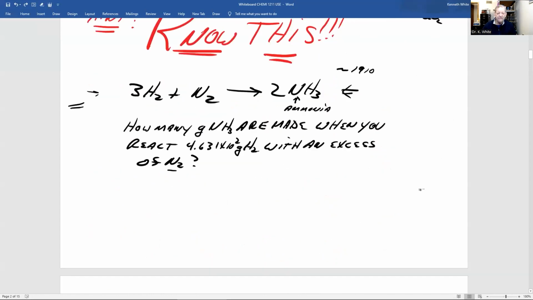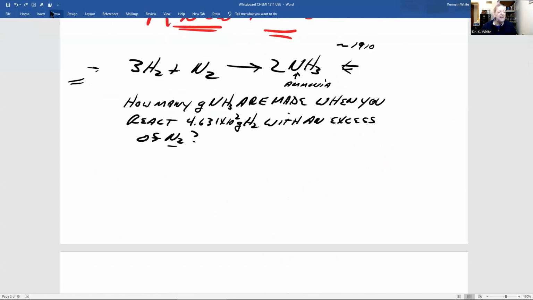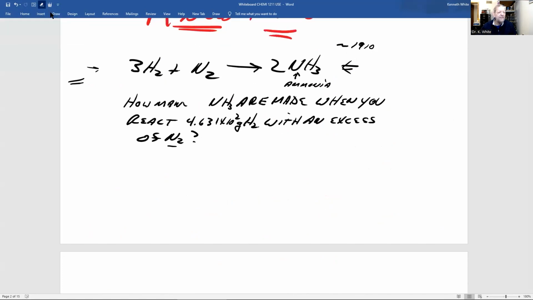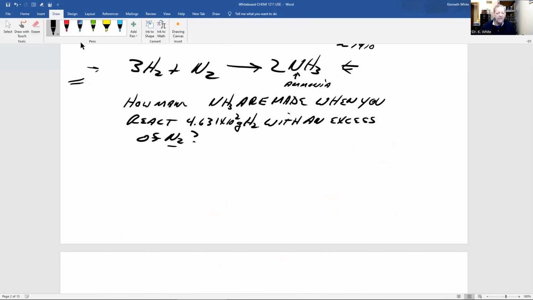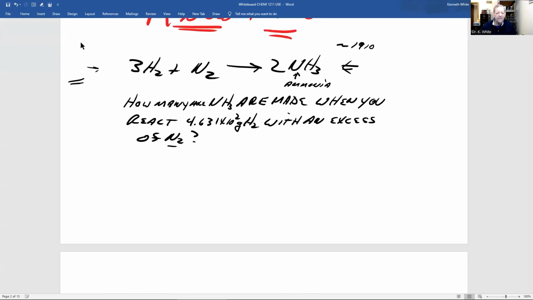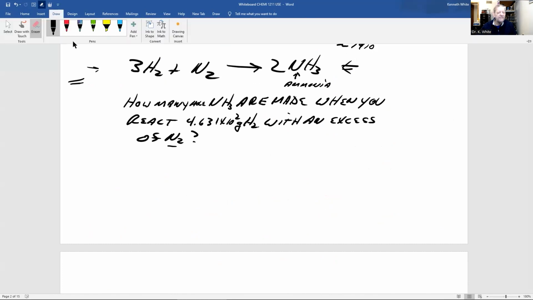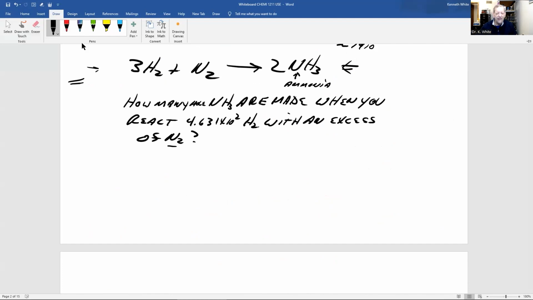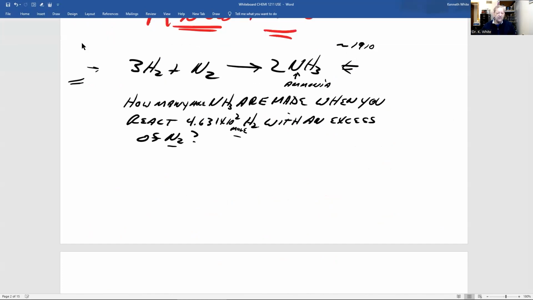Sorry about that. It should be moles. How many moles of ammonia are made when you have 4.361 times 10 to the 2 moles of hydrogen with an excess of nitrogen?